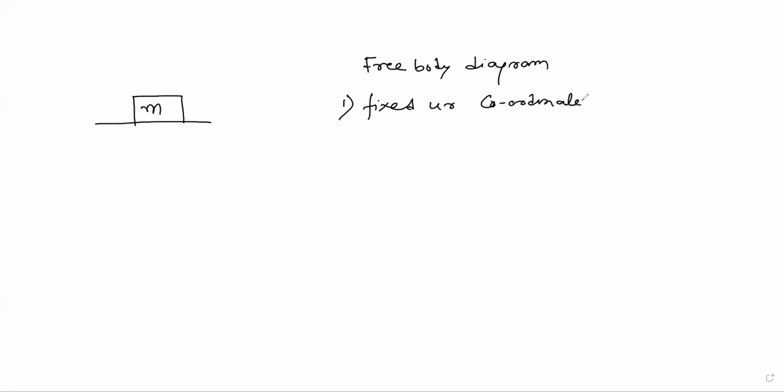Why is this needed? Because force is a vector quantity. So choose your origin, choose your positive and negative directions. Suppose I am choosing this table as the origin, this is my positive y-axis, and this is the positive x-axis.